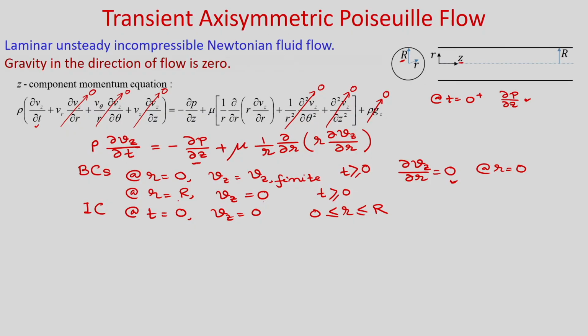Although r is the homogeneous direction, the governing equation is non-homogeneous, due to the presence of the pressure gradient minus del p by del z. So we cannot directly use the separation of variables method. Again we will use the superposition method.